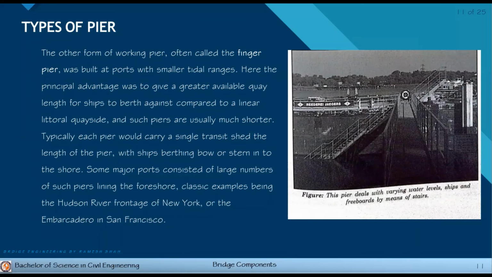Some major ports consisted of large numbers of such piers lining the foreshore. Classic examples are the Hudson River frontage of New York or the Embarcadero in San Francisco. So in the picture, this pier deals with varying water levels, ships forward by means of the stairs.